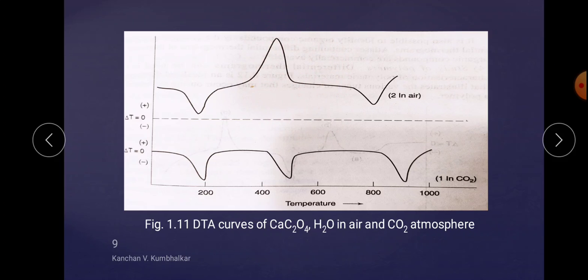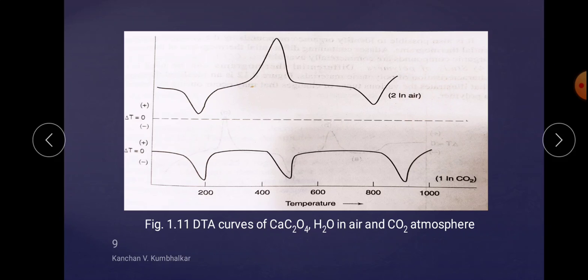There are three peaks, out of which two are endotherms, where delta T is negative with respect to the temperature, and here delta T is positive, means it is an exotherm. This is because of the second peak, which is in contrast to this condition. It is because of the exothermic condition, because of the burning of CO in the presence of air.